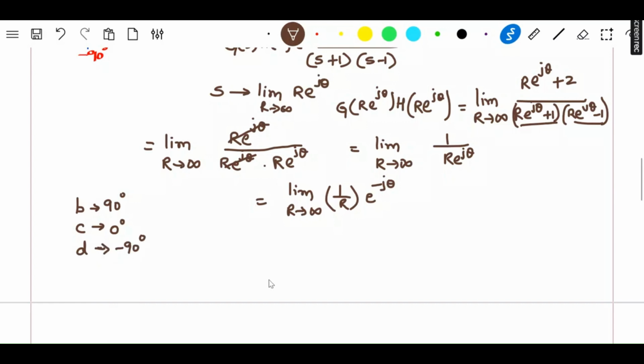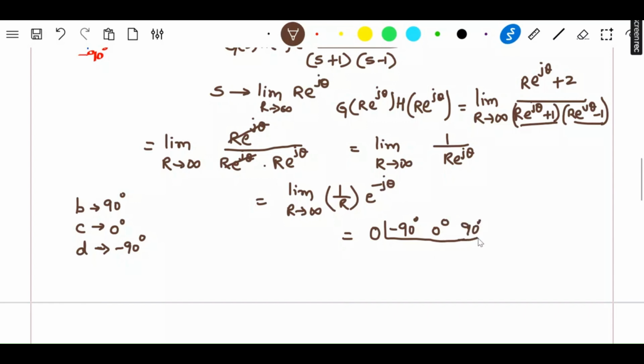So if I substitute that, if r tends to infinity, 1 over infinity is 0. So the magnitude part becomes 0 here at an angle. When theta is plus 90, the angle is minus 90. And when theta is 0, it is 0. When theta is minus 90, the angle becomes minus of minus 90, which is plus 90.